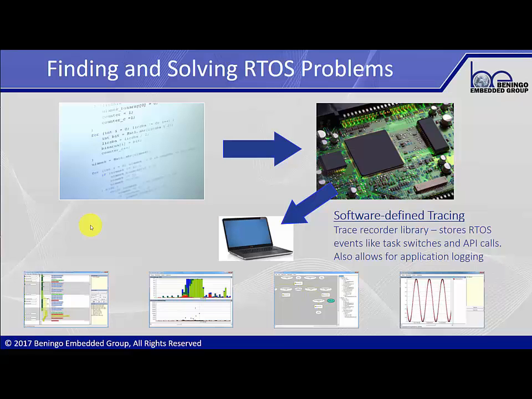Now events can be anything that happens in an RTOS, so it could be creating a new task, giving a semaphore, taking a semaphore, locking a mutex, unlocking a mutex, sending data in a message queue, and the list goes on and on. But those are the types of examples of things we're going to be able to take a look at. In order for this to be effective though, we need to actually set up the tools. So let's see how we can do that now.